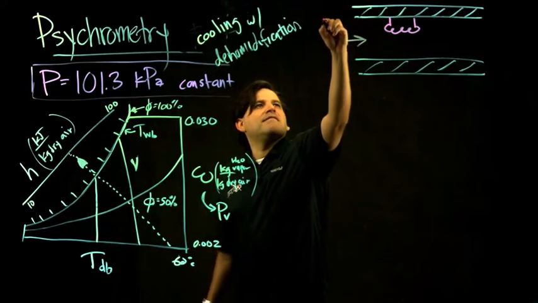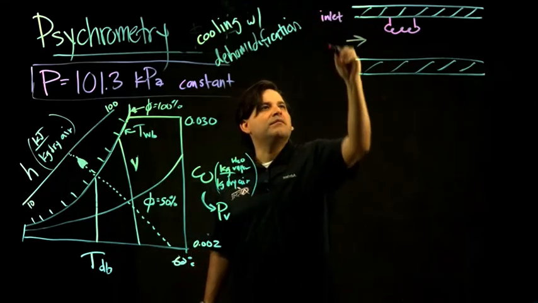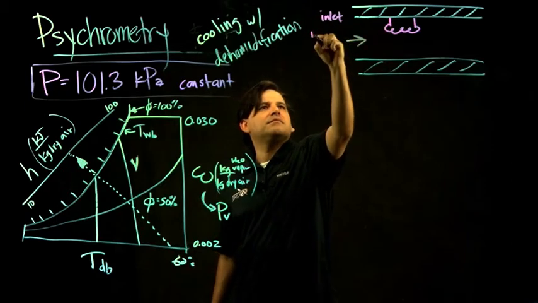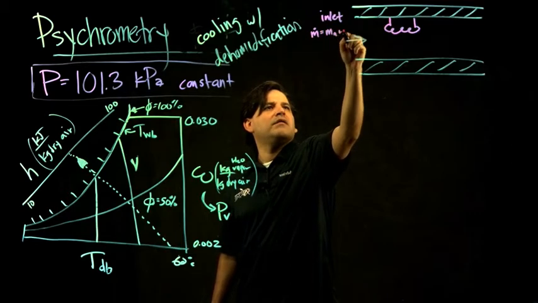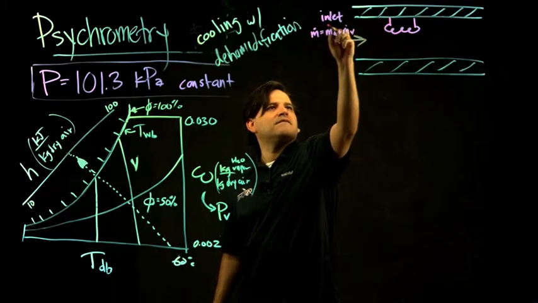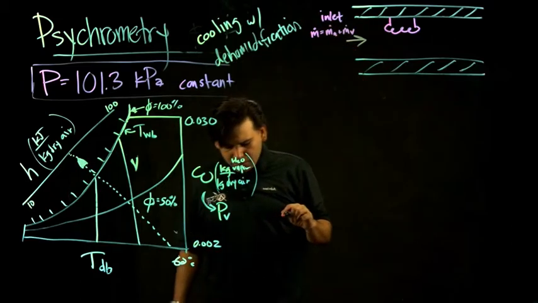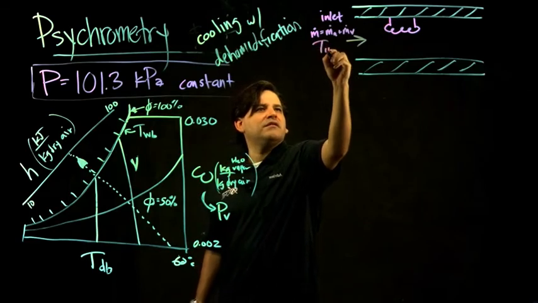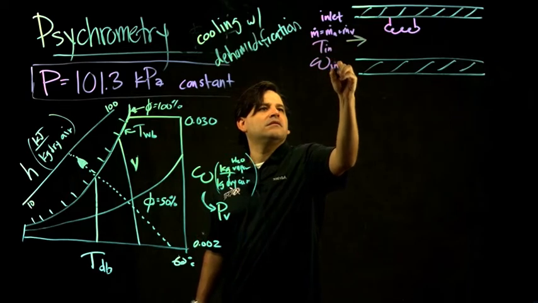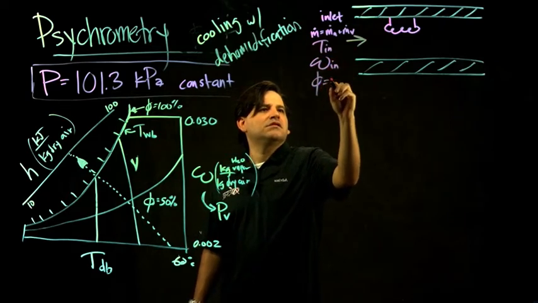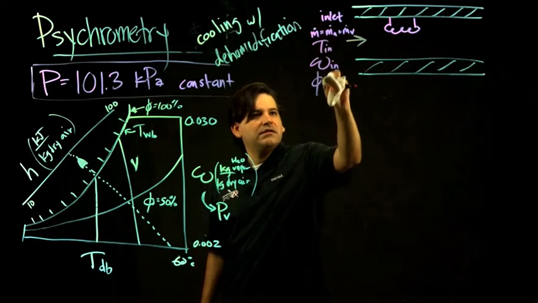So this inlet would have a certain mass flow in, dry air plus vapor in, and the inlet has some temperature in, and it has some omega in, which is similar to some relative humidity.